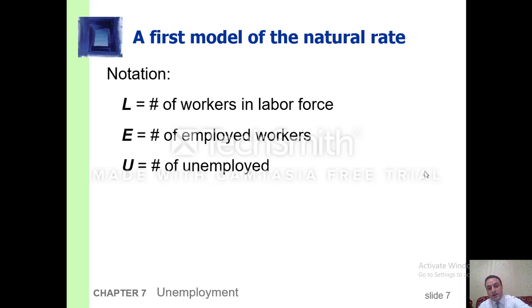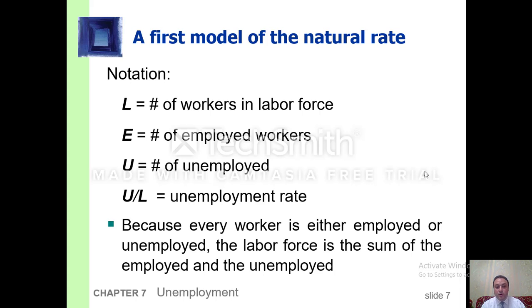So L is the sum of the employed and the unemployed people: L equals E plus U. So how can we compute the unemployment rate? By dividing the number of unemployed people by the total labor force, because every worker is either employed or unemployed.